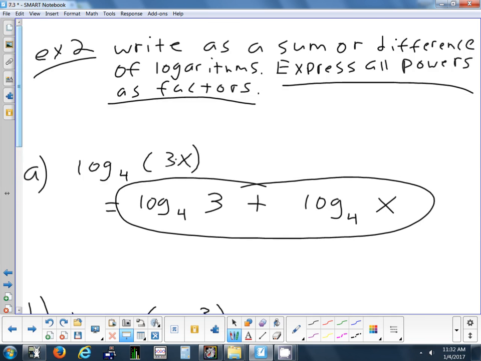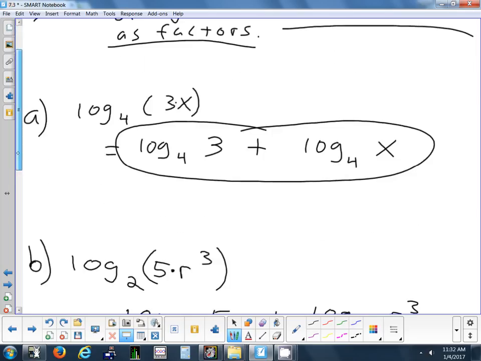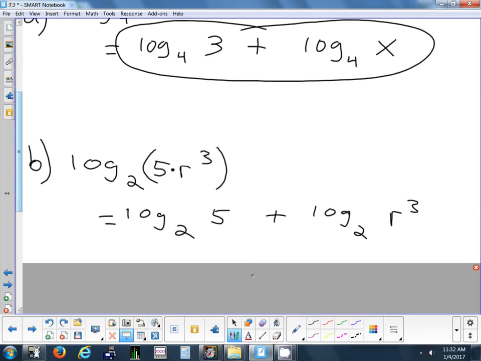They said to write powers as factors. So that means, Jared, I'm going to take this 3 and do what with it? Put it in front. So either rewrite it as a new line or just move it in front like I did.